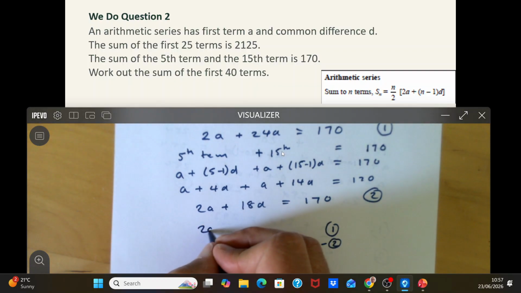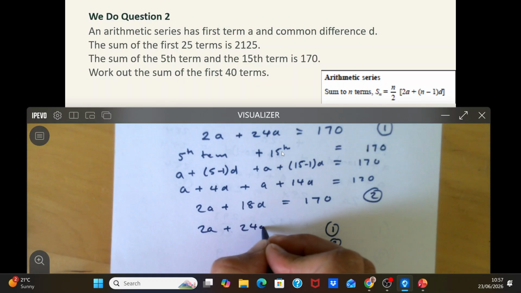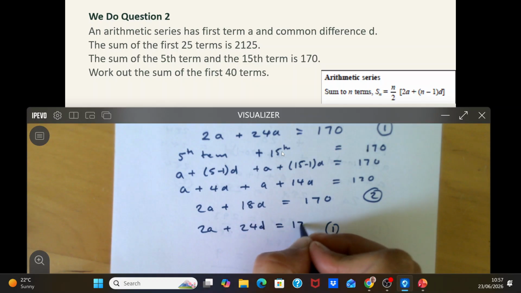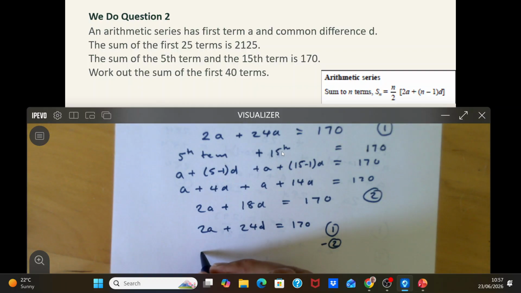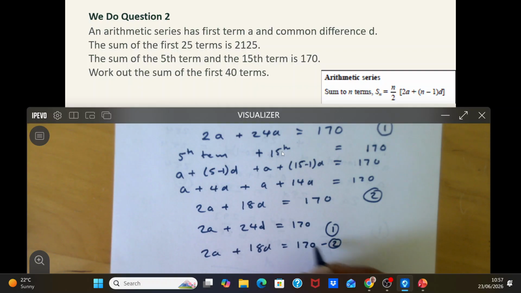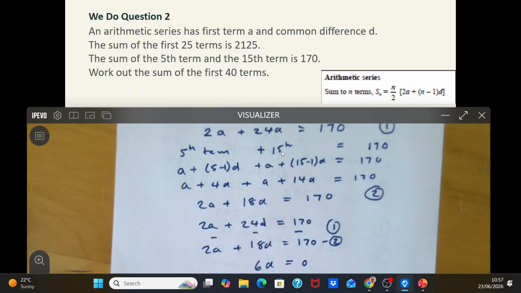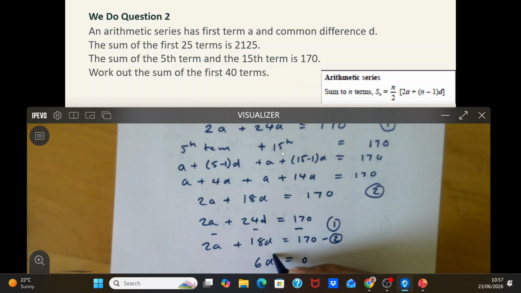Equation 1 was 2a plus 24d equals 170. 2a plus 18d equals 170. Take, so I'm left with 6d equals 0. Could that happen? Well, it's not really a series, but that's what the question said, so d equals 0.